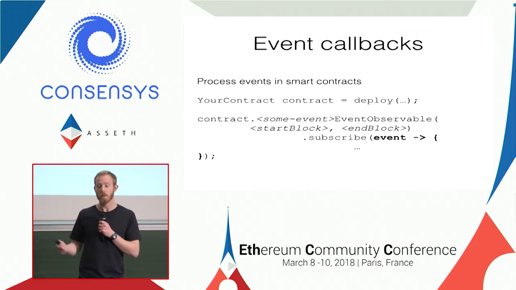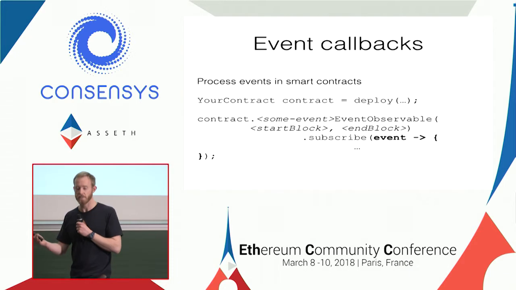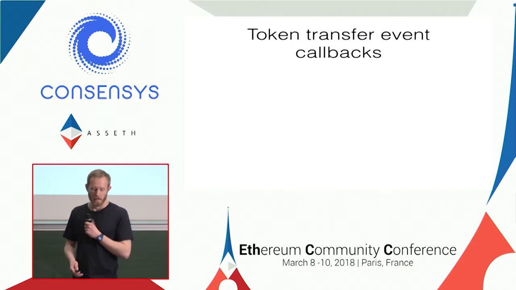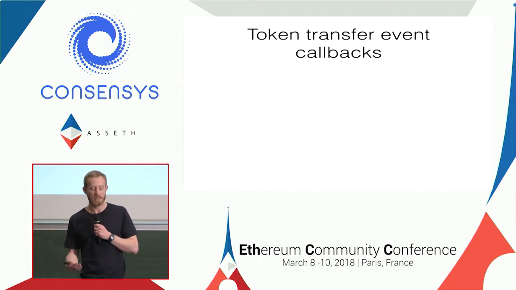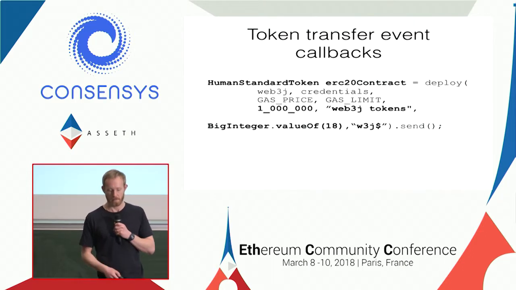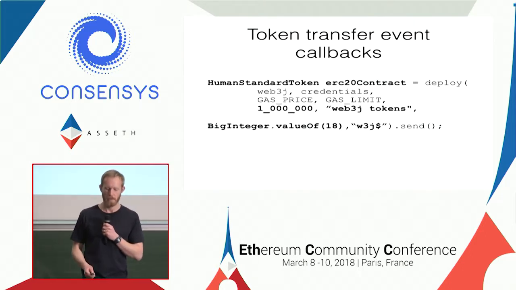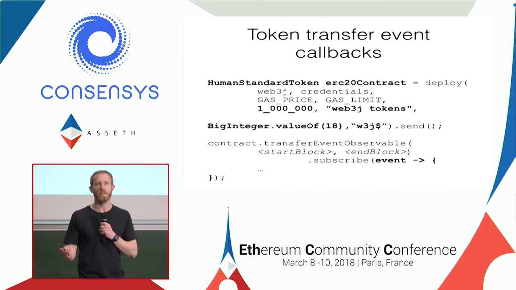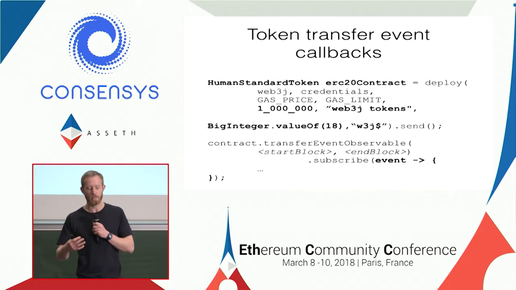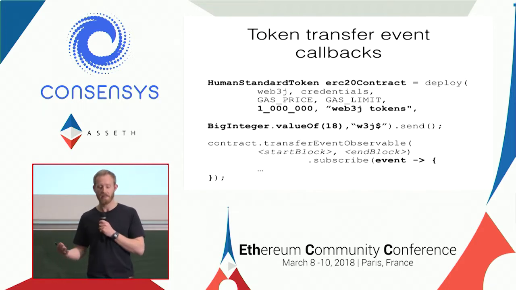I'll give you an example in the familiar ERC20 contract. If we're using the human standard token, which is one of the two best known ERC20 implementations, we deploy our ERC20 contract here. And then every time a token transfers from one address to another address on the blockchain, you can be notified of it, and this specific event handler can take place.